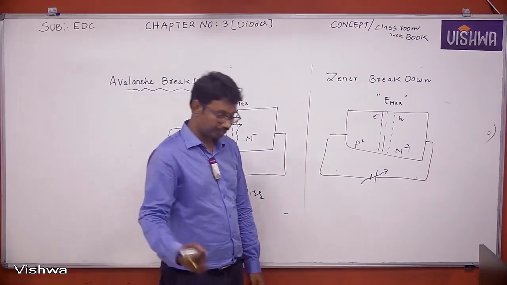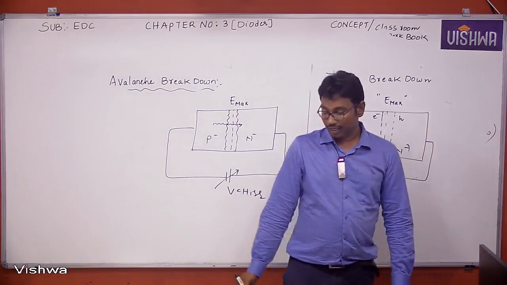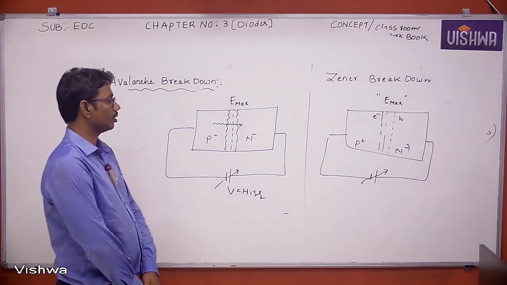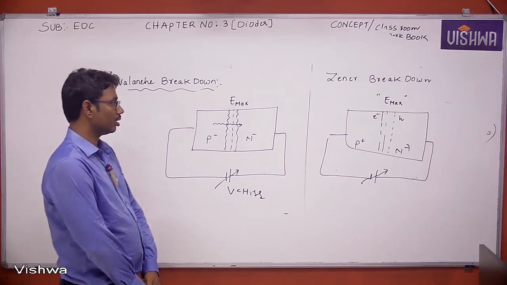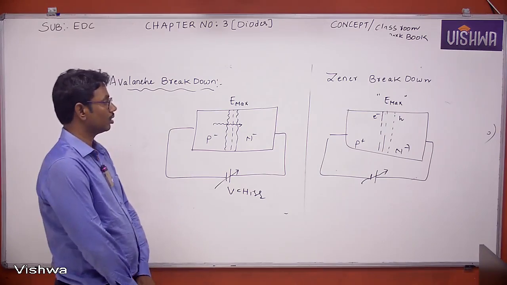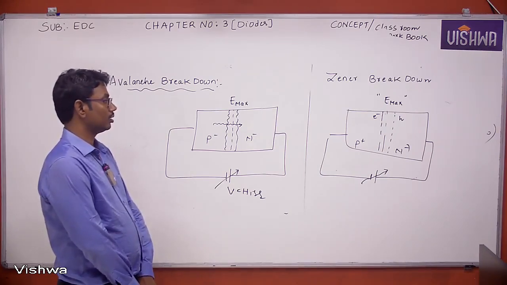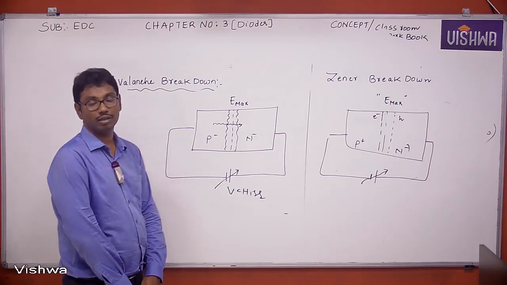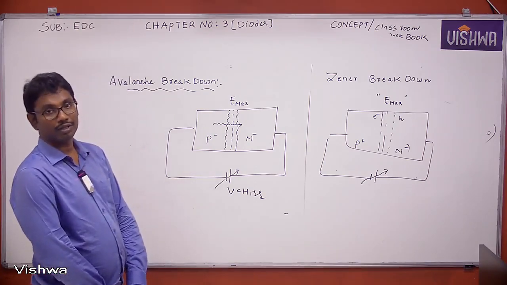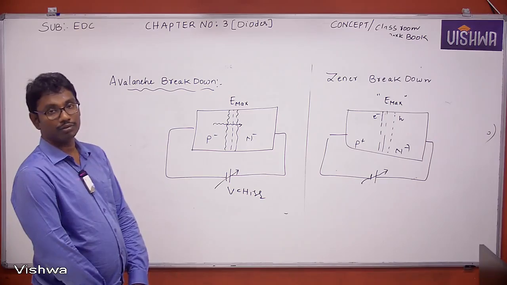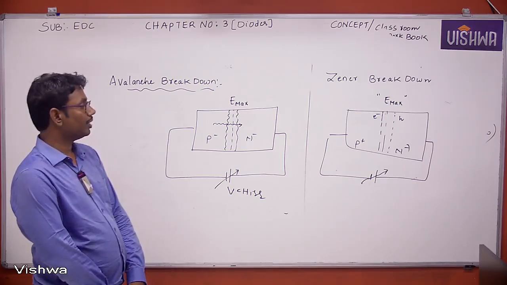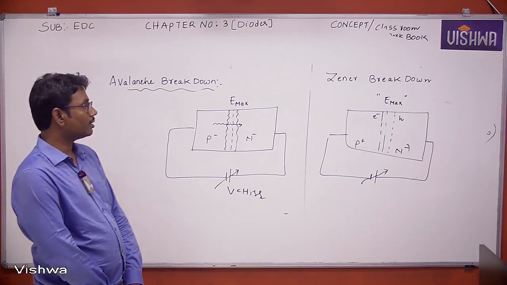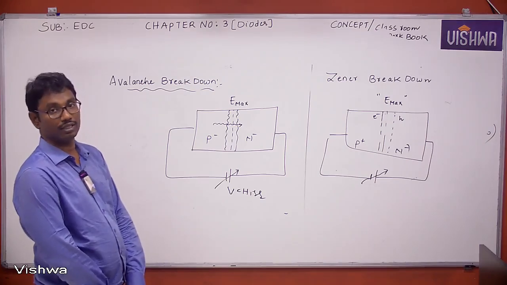Write down this. It occurs in a heavily doped PN junction, at small and medium reverse voltage, due to the Zener mechanism.